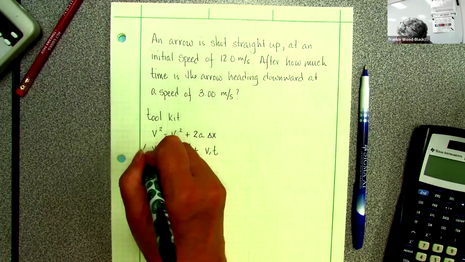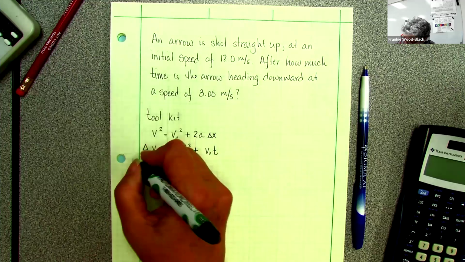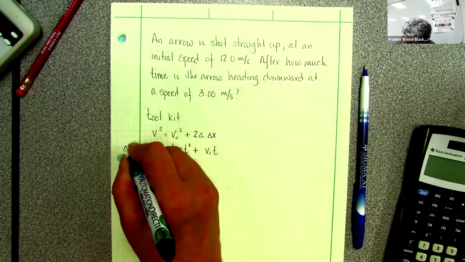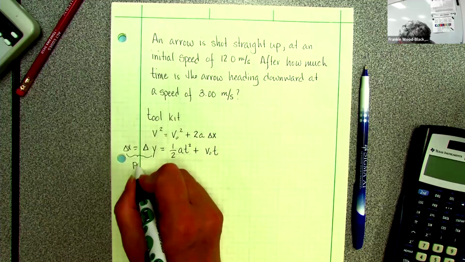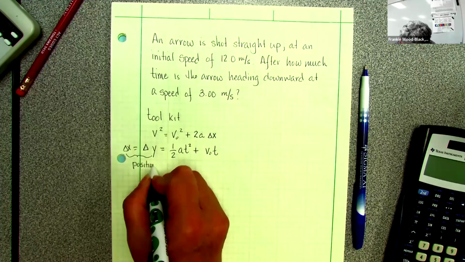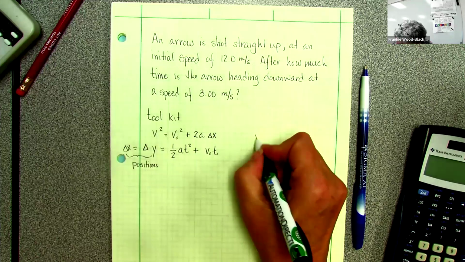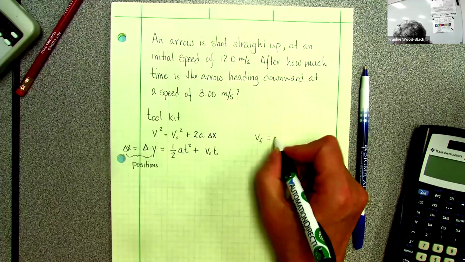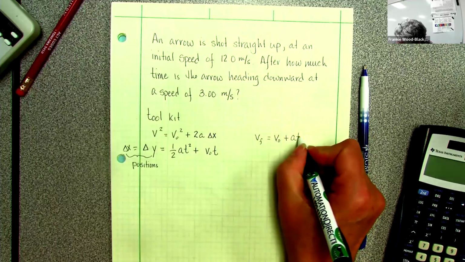And we can write that as the change in y, or we can write that as the change in x. These are just positions or displacement. And we have v final is equal to v initial plus my acceleration times time.